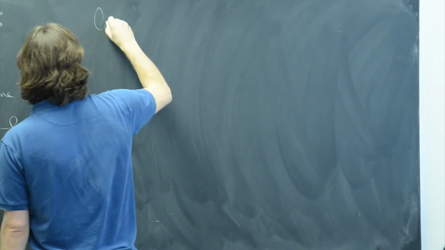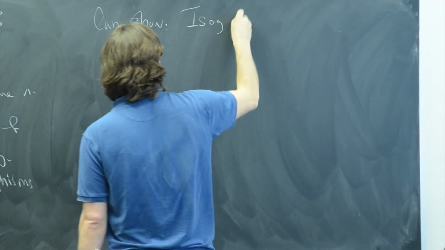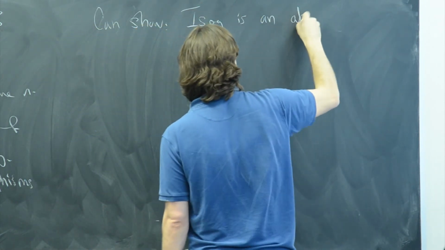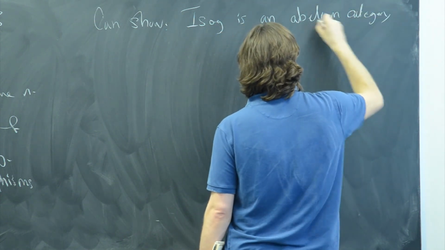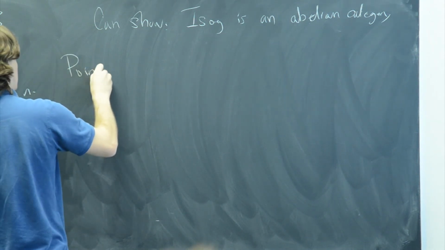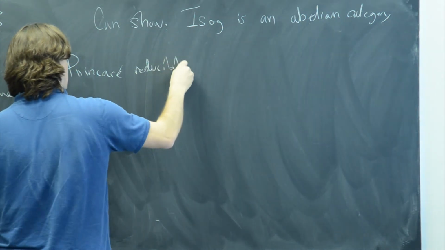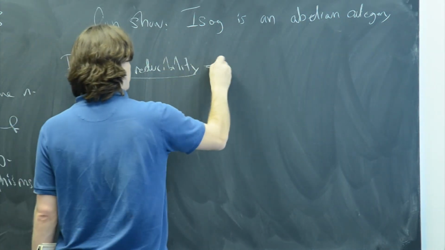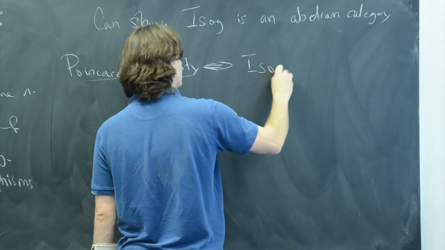You can also show, this is not very hard, that this category Isog is an abelian category. And this Poincaré reducibility theorem is then basically equivalent to the statement that this category is semi-simple.